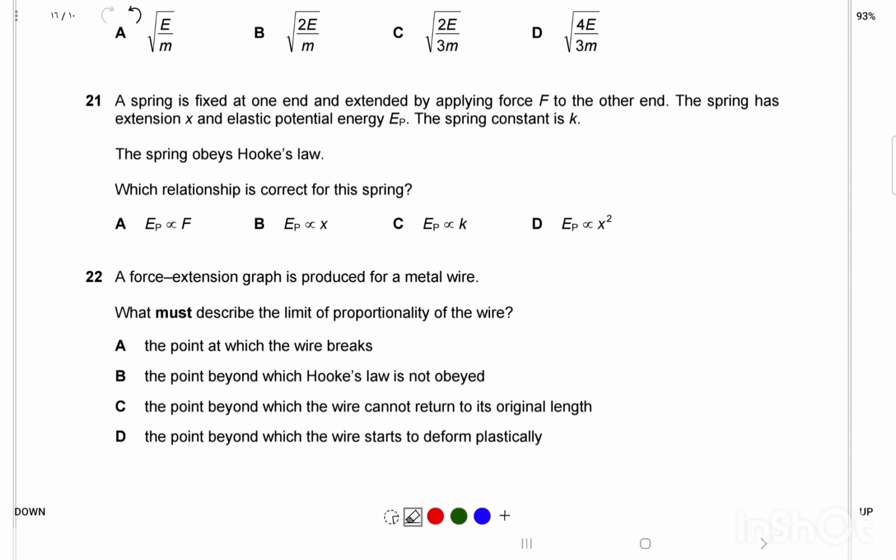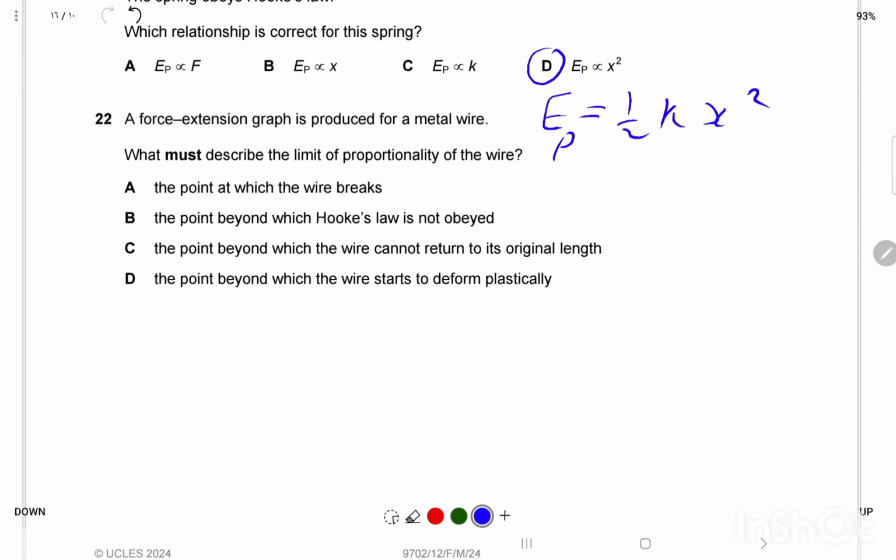Which relationship is correct for this spring? We know that potential energy is equal to half kx squared. So clearly potential energy is directly proportional to the square of the extension, which means option D is the correct answer.